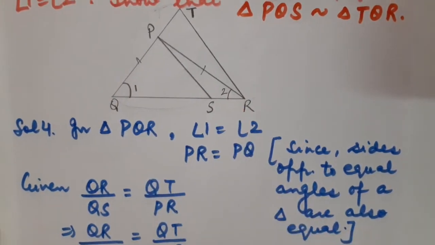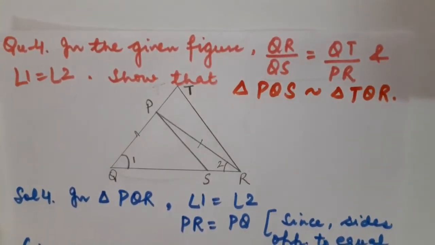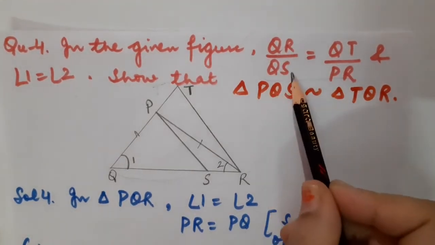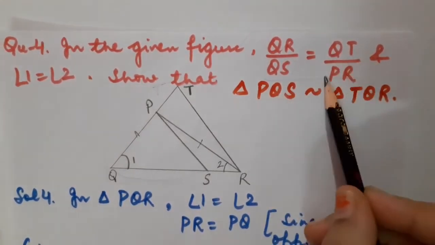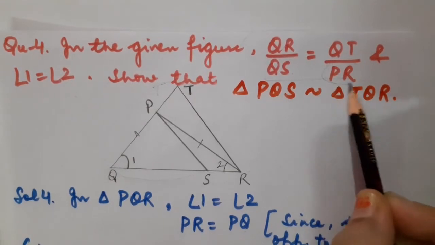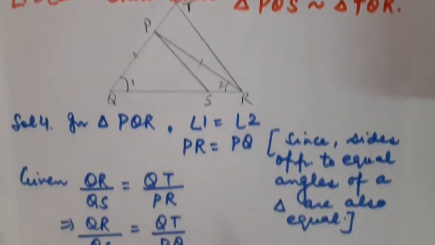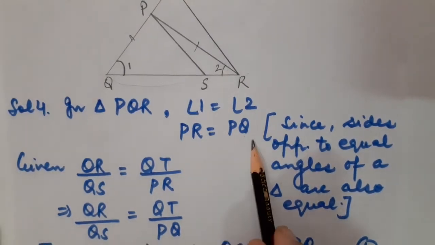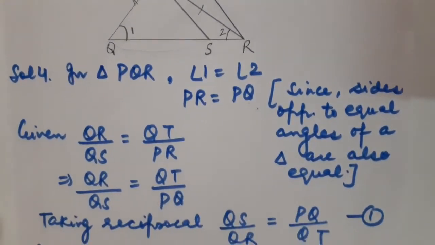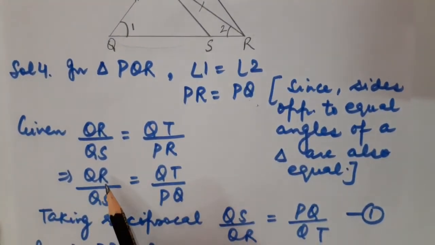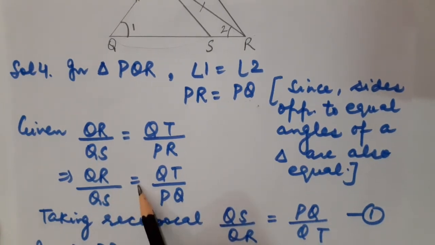Now children, what had been given to us? We had been given QR upon QS is equal to QT upon PR. This PR I am going to interchange with PQ because I know that PR is equal to PQ. Fine. So here I have interchanged. So I have got QR upon QS is equal to QT upon PQ. Fine, children.